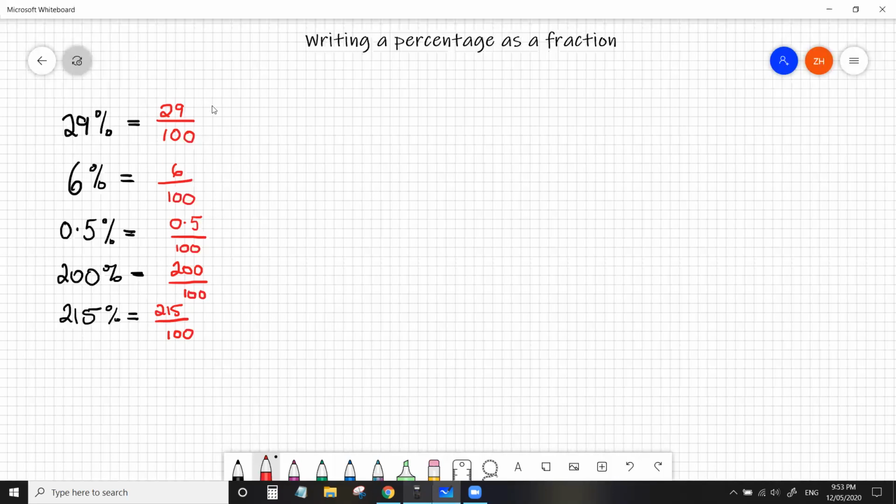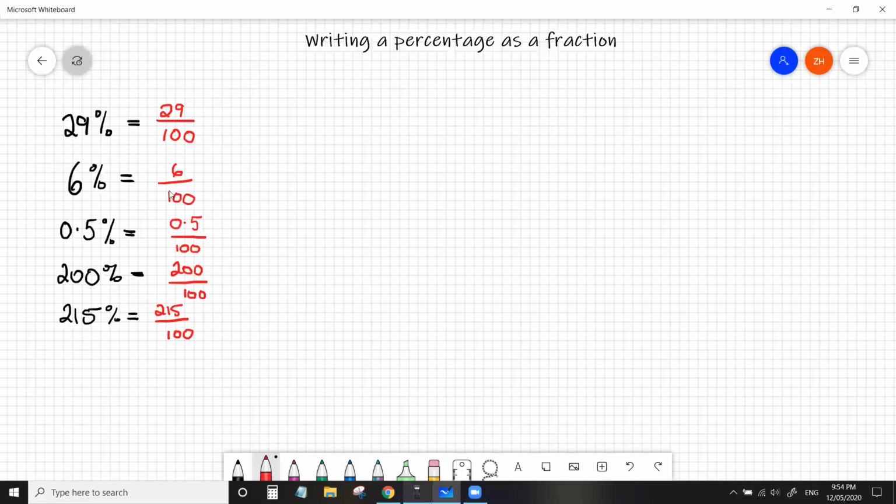Now, one important thing to do when you have a fraction is to write it in its most simplified form. We can do that in two different ways. One way, if we don't have a calculator, is to look for the highest common factor in the numerator and the denominator. I'm going to leave this first one as 29 over 100 because it is fully simplified.